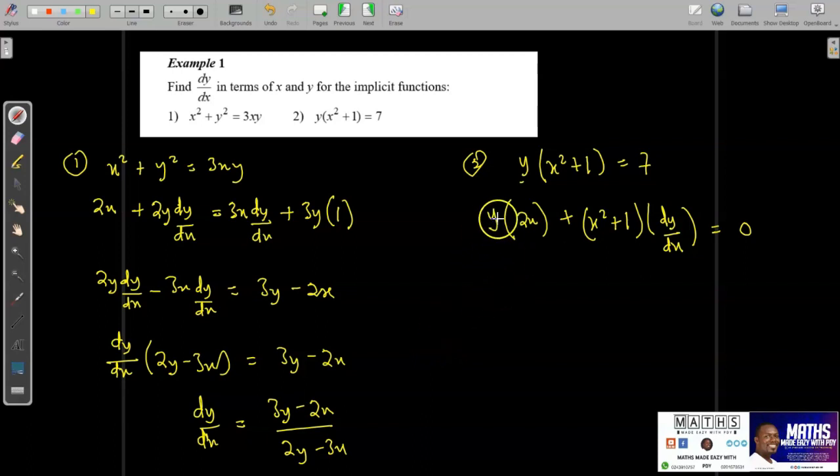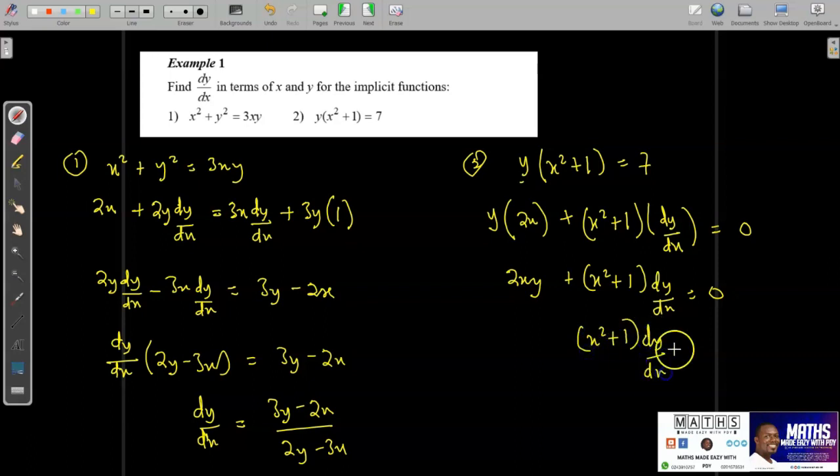So at this point, you simplify and make dy dx the subject. So making dy dx the subject, actually what we're going to have here is 2xy plus x squared plus 1 all multiplying dy dx equal to 0. So making dy dx the subject, we maintain x squared plus 1 multiplying dy dx on the left hand side, and then transpose the 2xy.